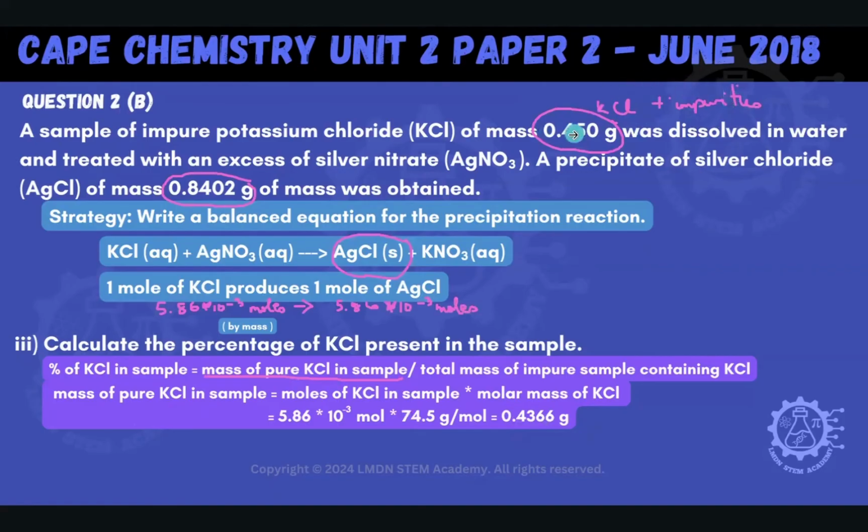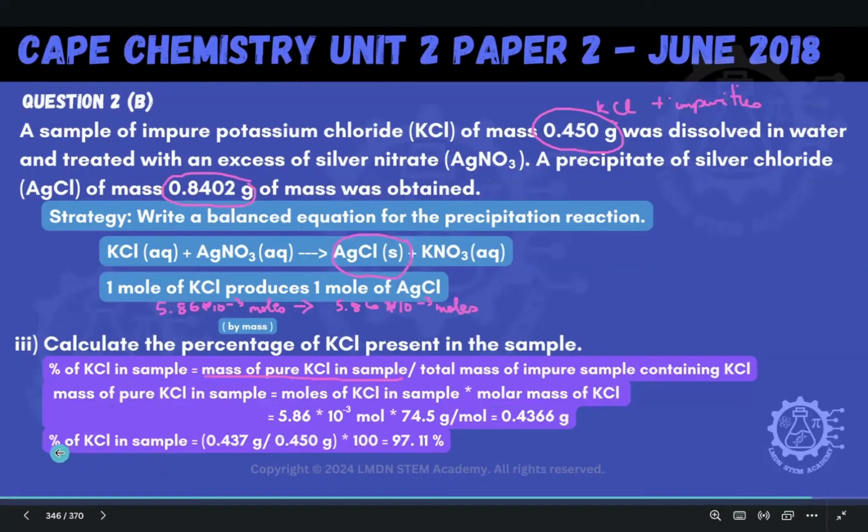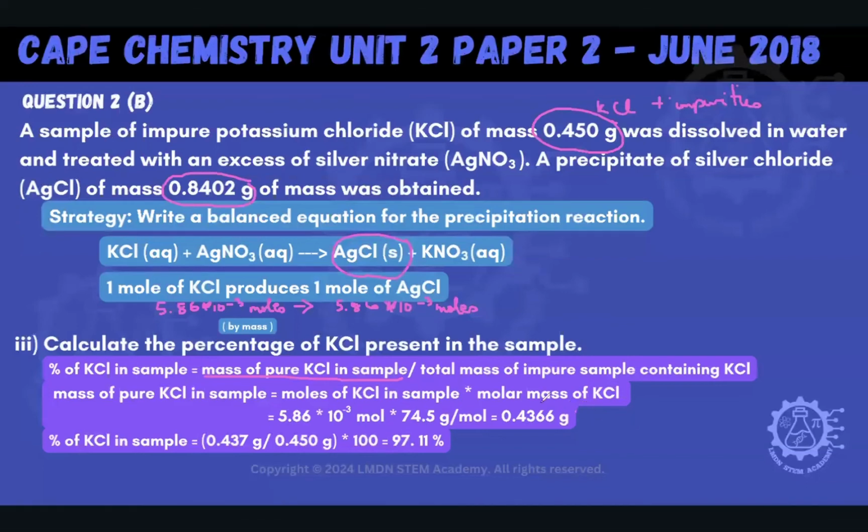So the percentage of KCl in this sample is what we're finding. Let's put that here. We're going to take this mass. In fact, I rounded it off to 0.437 grams to be consistent with this one where we only had 3 decimal places.